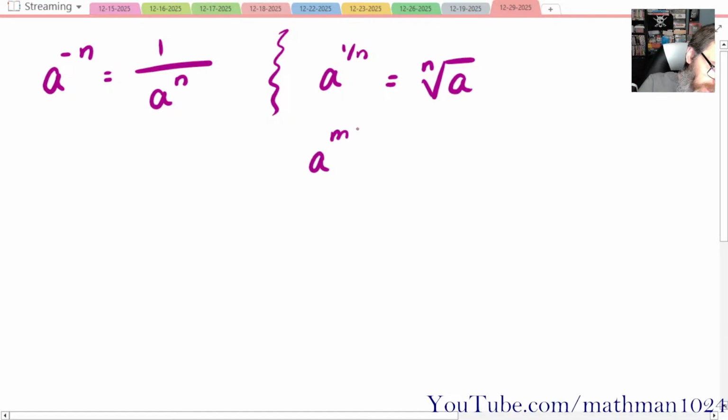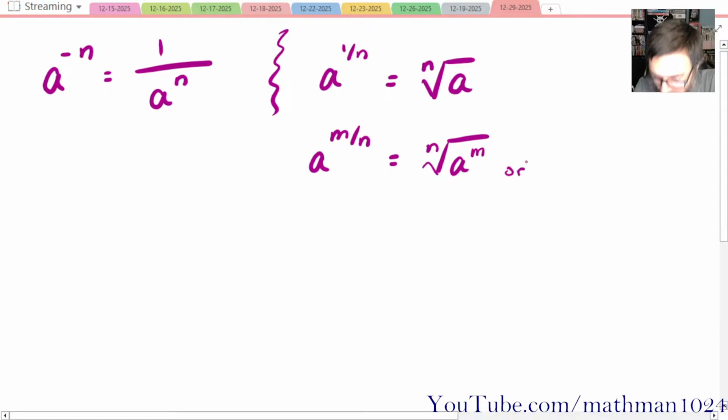And we even complicated this just a little bit. So what if it's a to the m over n and not just 1? This still means that you have the nth root, and you could say it's the nth root of a to the m, or what is usually a better way to write this is the nth root of a, and then we would raise that whole expression to the m power.